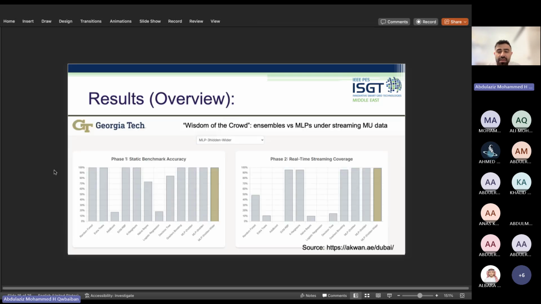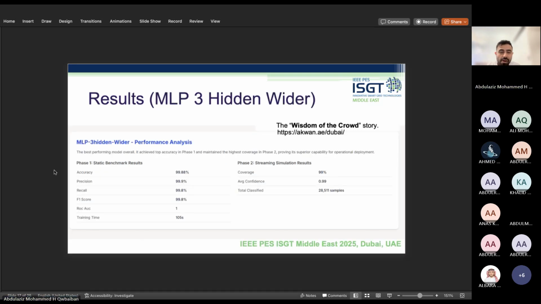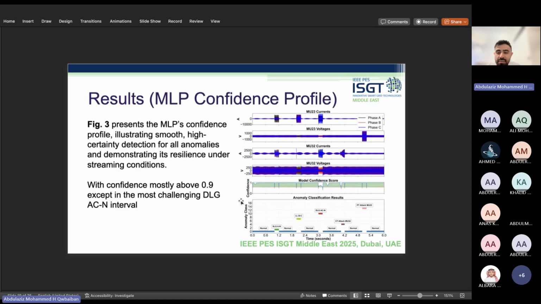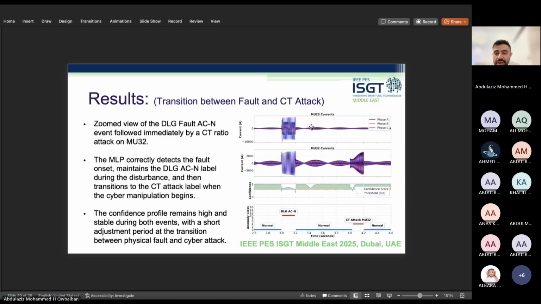This is the best model that won: the MLP, multi-layer perceptron. And here are the results, but I will show you this one. Here we have a fault between A and C. This is the current in this merging unit, the second merging unit.